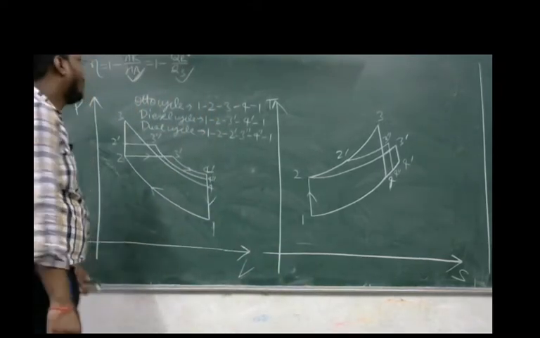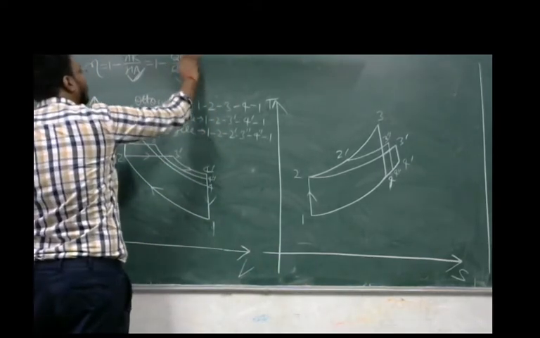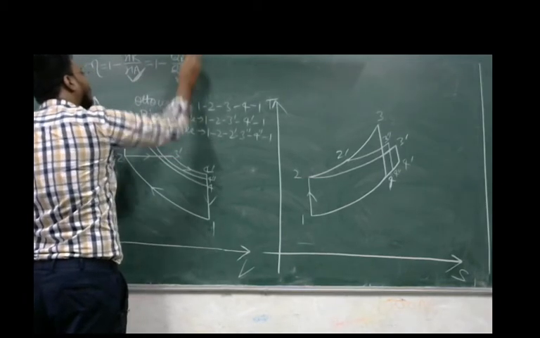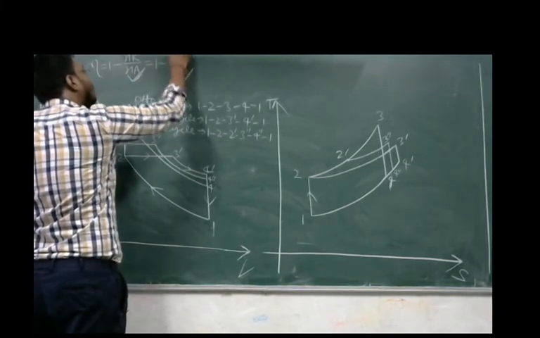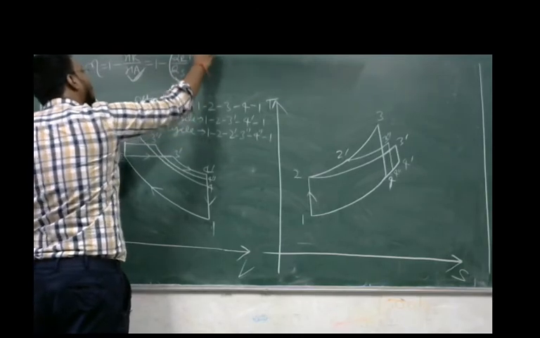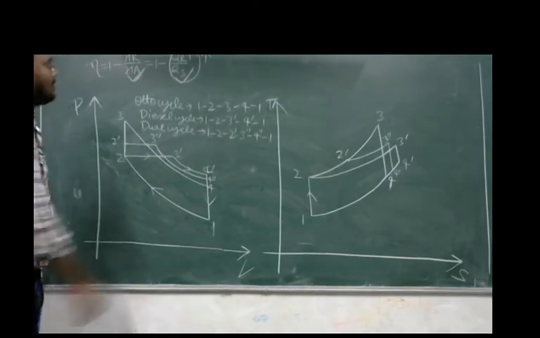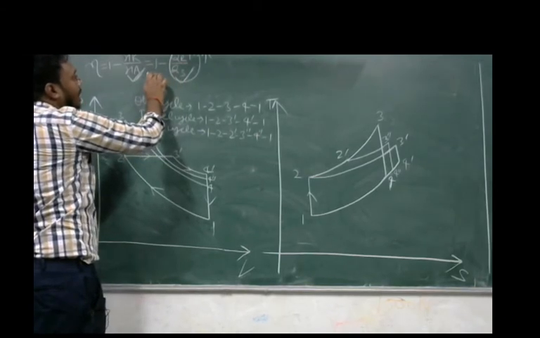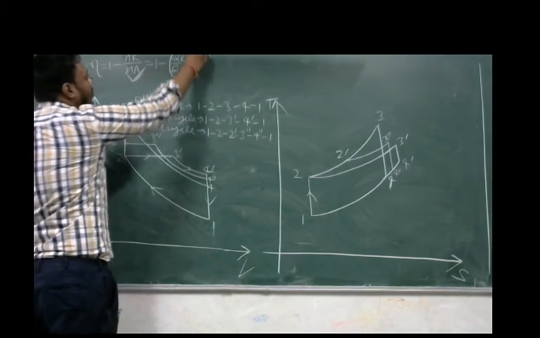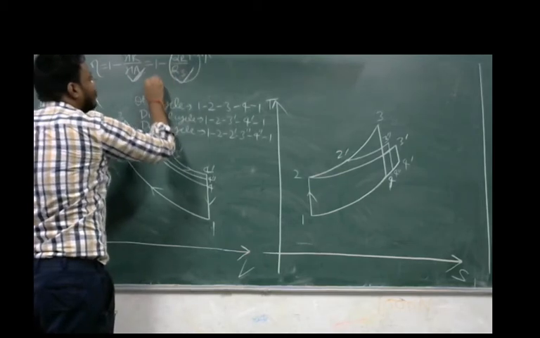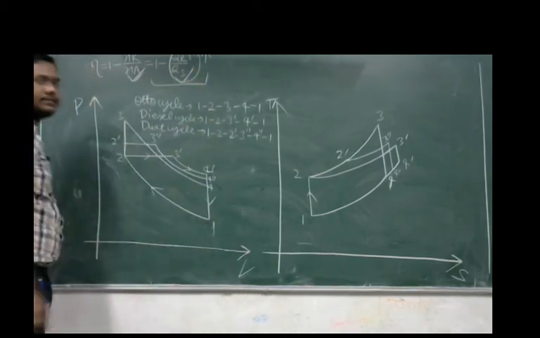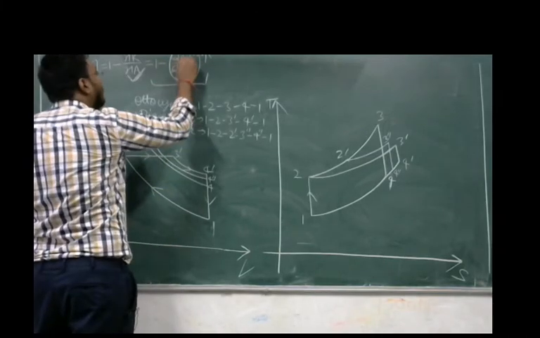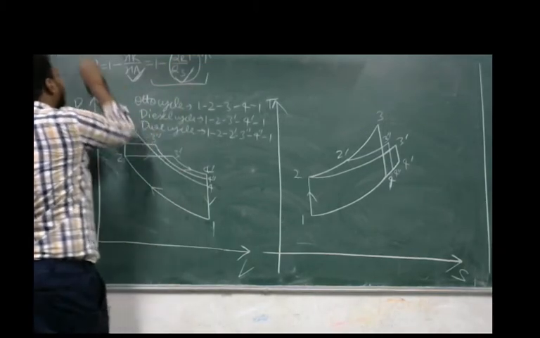Now we can easily analyze: QS is the same, and if QR is more, then this whole value will be more, and this whole value is subtracted from 1. So if this whole value is more, then the total value will be less. It means if we increase the value of heat rejection QR, then efficiency will decrease.